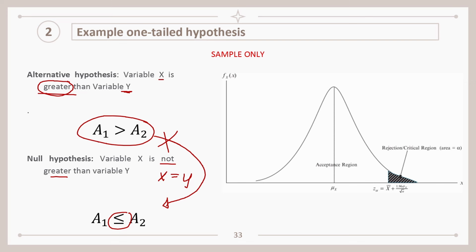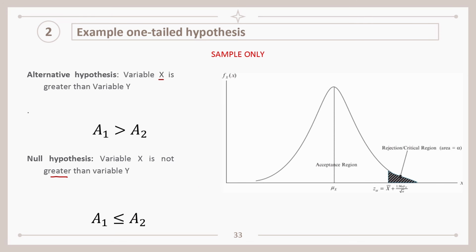Okay, so next is when we have a one-tailed hypothesis, that means that we're simply using one tail of the curve as our area of rejection. Again, for our area of rejection, we're going to be discussing this more as we move forward, but let's just know that when you have a one-tailed hypothesis, you only have one area of rejection. Okay?